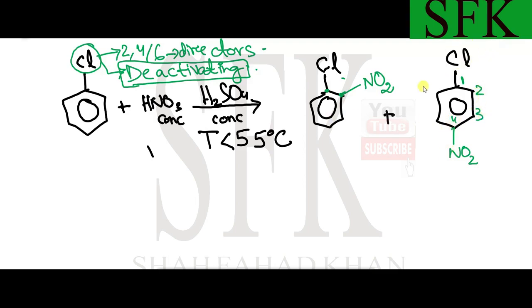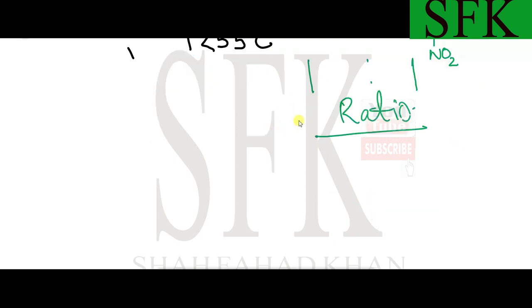So the names are 4-nitrochlorobenzene and 2-nitrochlorobenzene. Basically, these are the two products that we have, and they are in a 1-to-1 ratio.